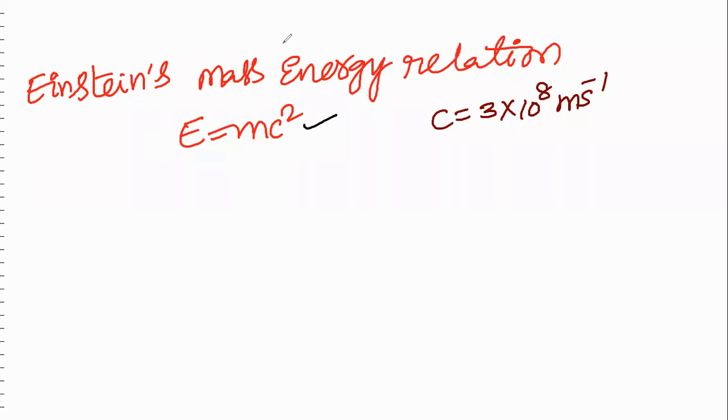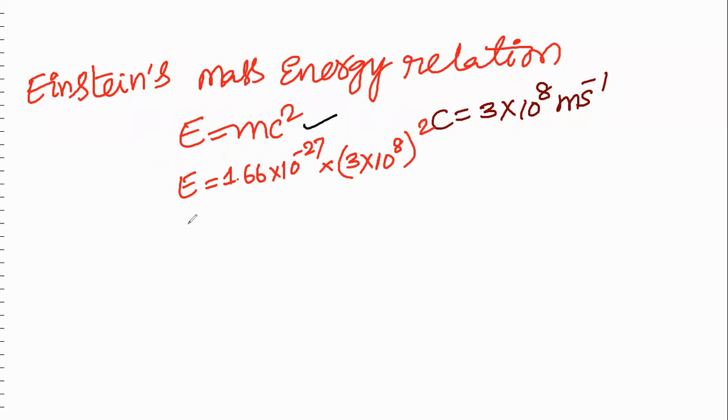One atomic mass unit, if you take that, E is equal to 1.66 into 10 power minus 27 into the speed of light, that is 3 into 10 power 8 whole square.